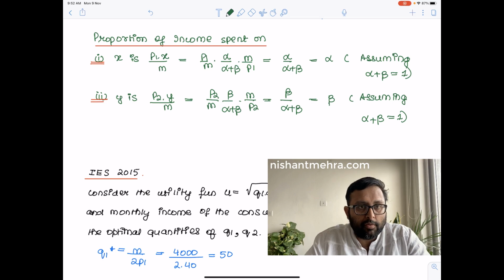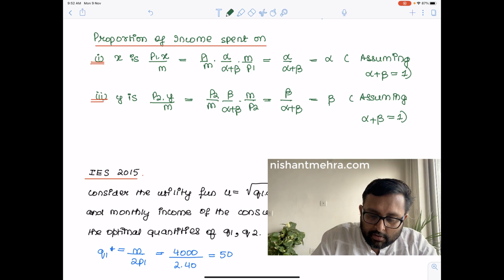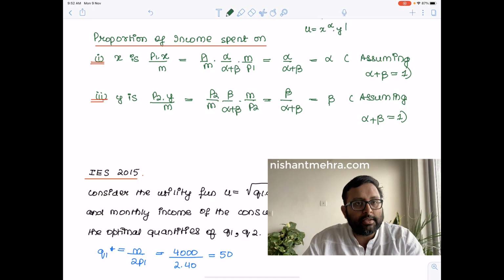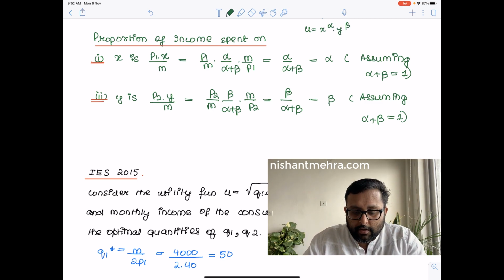So supposedly, if alpha plus beta is equal to 1, then you just have alpha as the proportion of income which is spent on X. So if you have a question like U equals X to the power alpha, Y to the power beta, and alpha plus beta is equal to 1, then just by looking at alpha, you can say that this is the proportion of income which is spent on X. Otherwise also, you just have the proportion as alpha upon alpha plus beta.